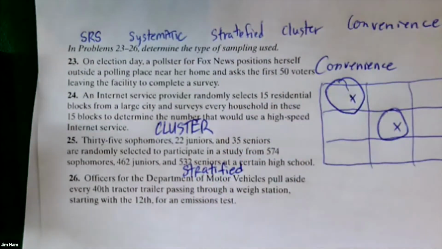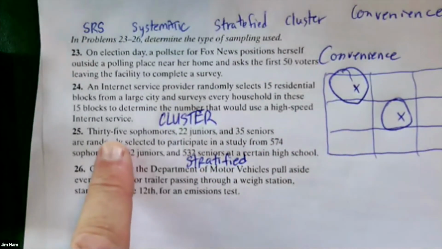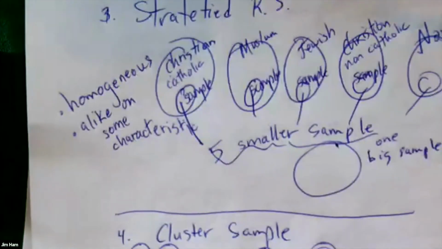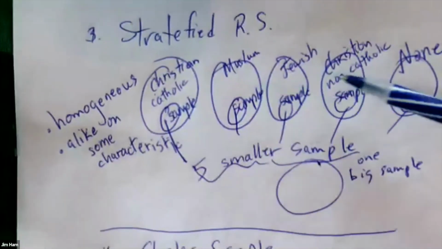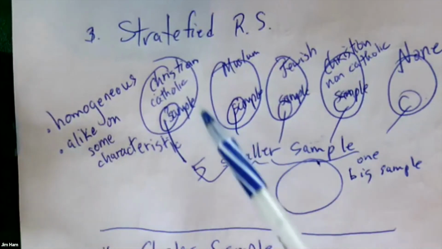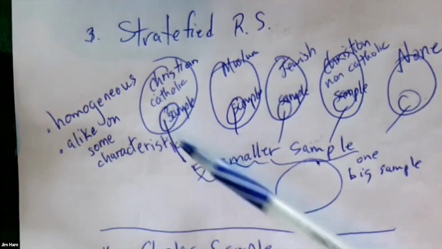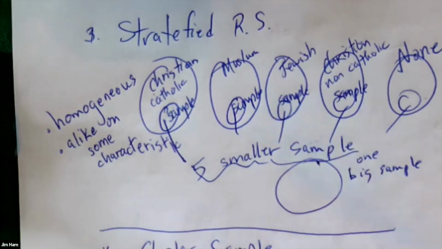The reason here is that all of these groups are already determined. Here we have the religions broken down, but in this example we have freshman, sophomore, junior, and senior, 4 groups, and then we take a random sample from each one of the groups so that we have representation of all of the classes of students at the high school.